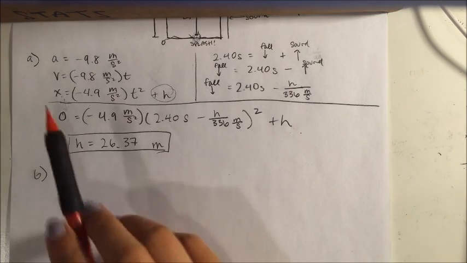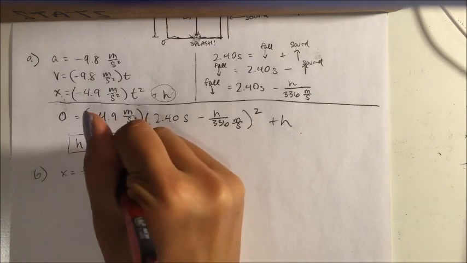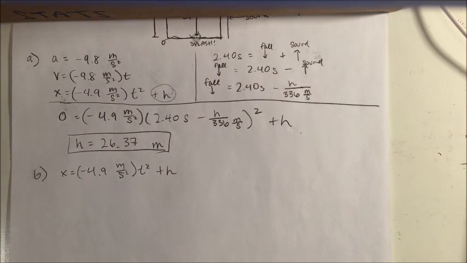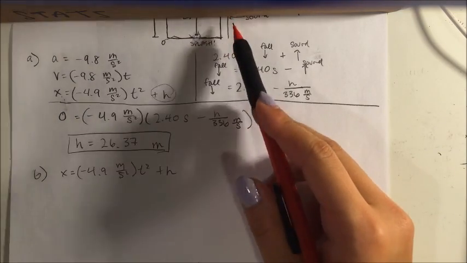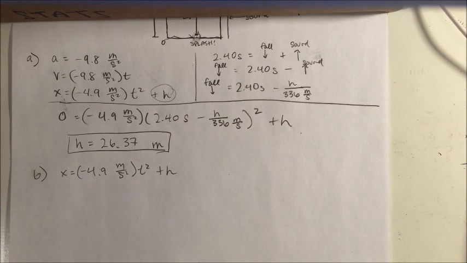So we're going to go back to this equation. So x is equal to negative 4.9 meters per second squared times time squared plus h. In this case, we're assuming that the upwards movement of sound is not there, that it did not happen.